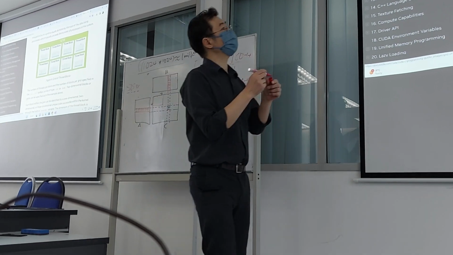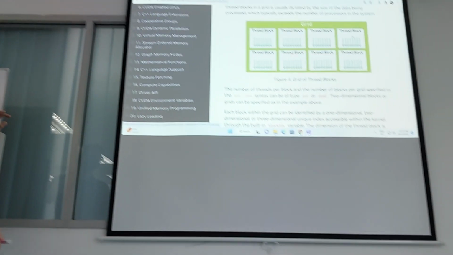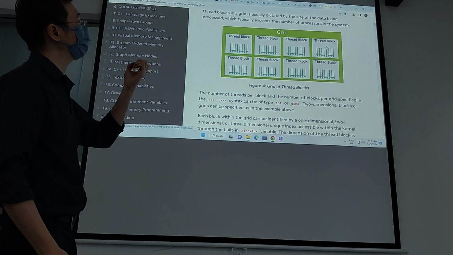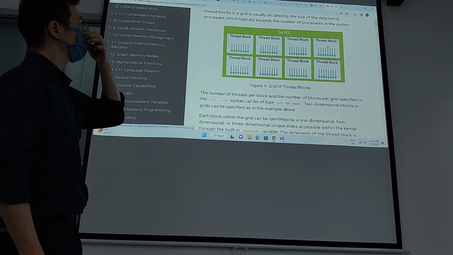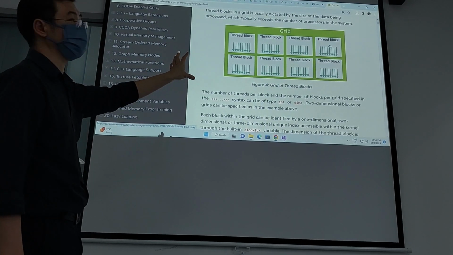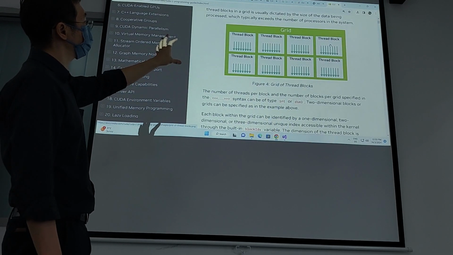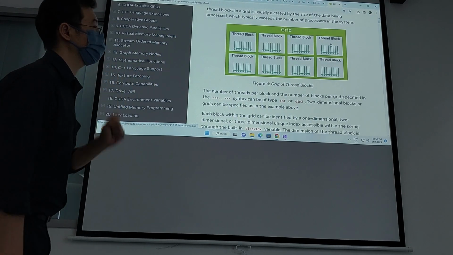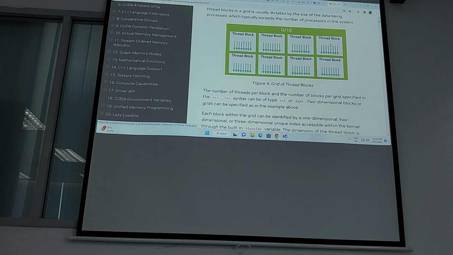Now with this number of cores, you need to make it easy for the user to use it. So the CUDA designers decided to use it this way. Grid, inside the grid you've got multiple blocks. Inside the block you've got multiple threads. So this is how it's arranged.